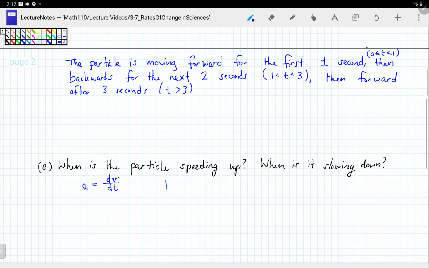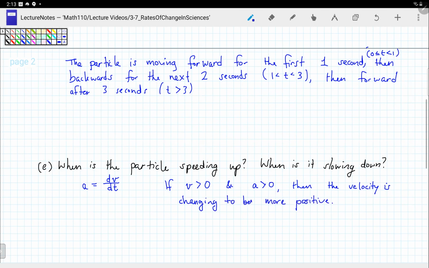Now, if your velocity is positive, that means you are moving forward, and you have positive acceleration, then you would be moving forward faster. You would be changing your velocity to be more in the positive direction. So that would be a version of speeding up.